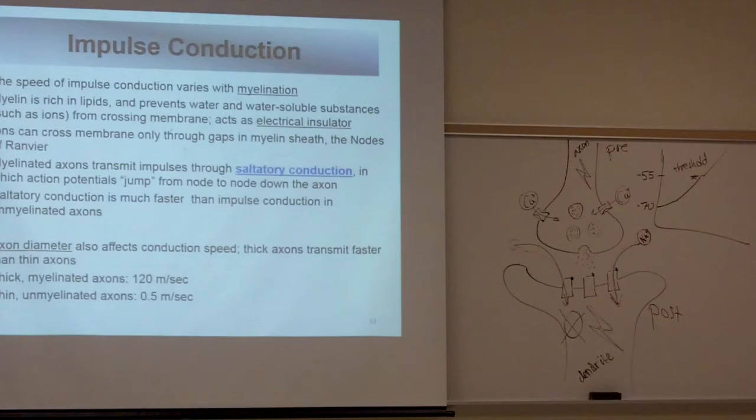So that tells you there's a massive difference between two axons, one myelinated, one not. As that impulse jumps from node to node on the myelinated axon, we call that saltatory conduction, which means a leaping conduction. So that's how the signals travel so quickly as they leap down the axon.